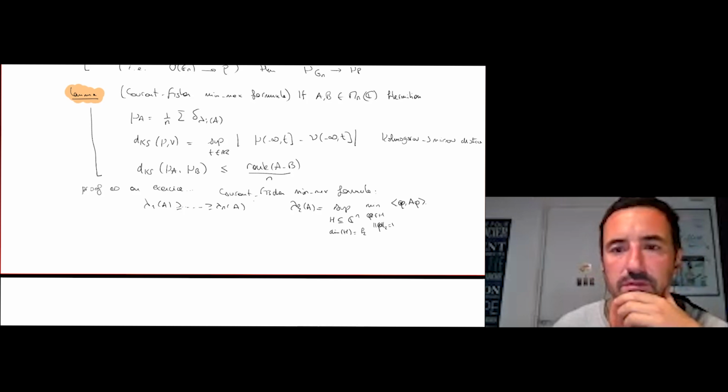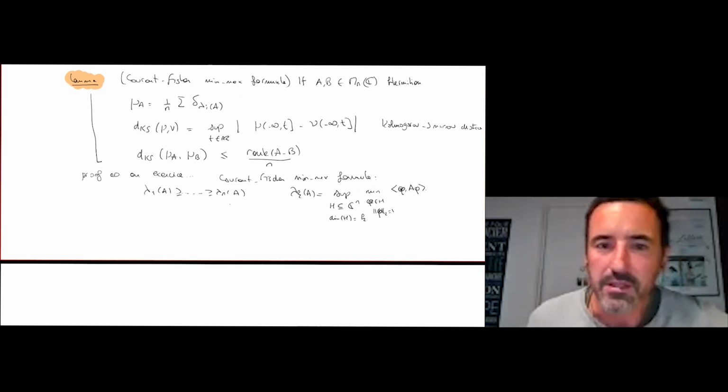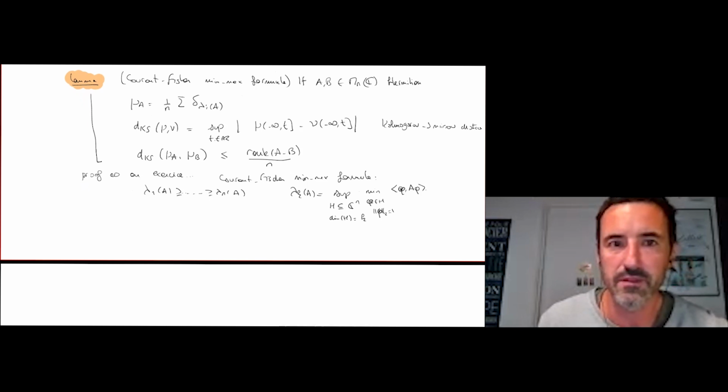So this is the Courant-Fisher formula. The exercise is to deduce this lemma from this variational formula for the eigenvalues of Hermitian matrices.